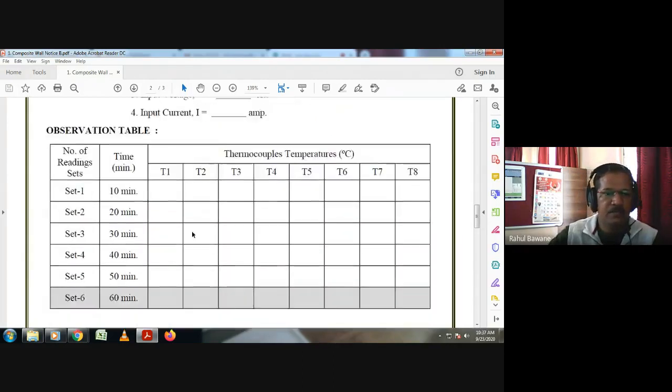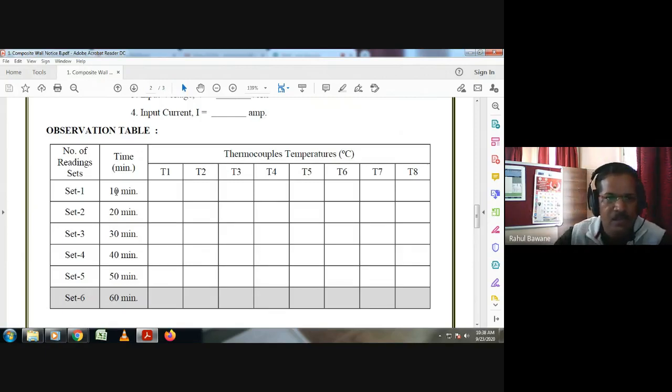Now this is our observation table, where set 1 is after 10 minutes, but this 10 minutes is started approximately 30 or 40 minutes after the start of your equipment, because an initial period is required to reach a steady state to transfer heat from the heater to the outermost wood layer.